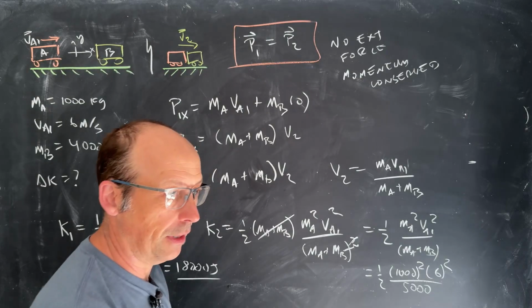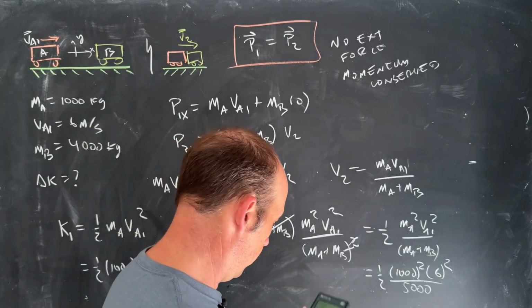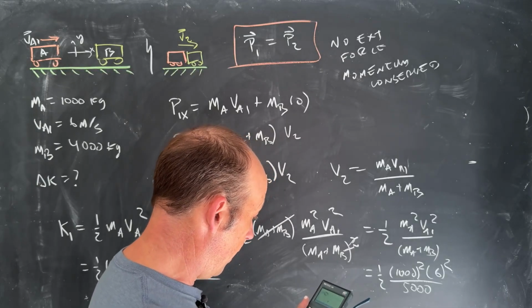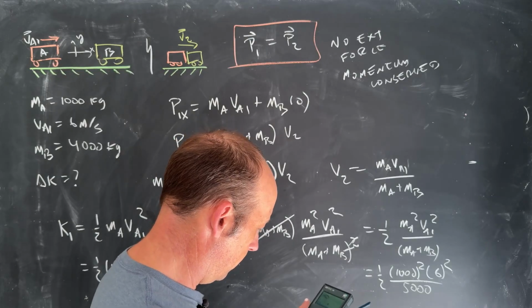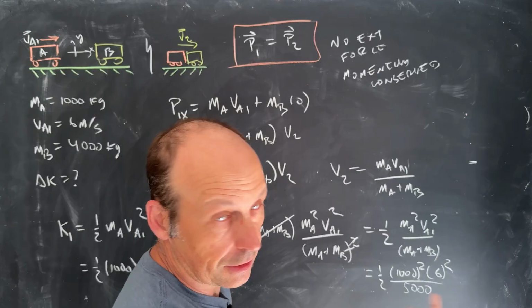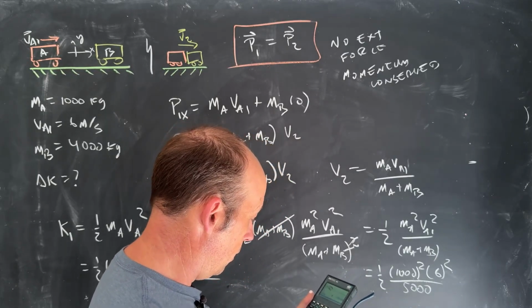I'm going to go ahead and put that one in the calculator because I'll make a mistake, and I don't want to make a mistake. So turn on the calculator. I get 1/2 times 1,000 squared times 36, divided by 5,000.